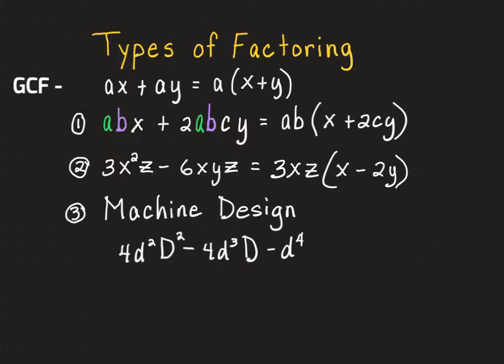Now here is a polynomial expression from machine design, and you can think of the d's as diameters or distances, but the small d is different than the big D. All right, but what is the greatest common factor? Is it 4? There's a 4 there, there's a 4 there. There is not a 4 as a coefficient here. How about d squared? There's d squared here, there's d squared inside of d cubed, there's d squared inside of d to the fourth.